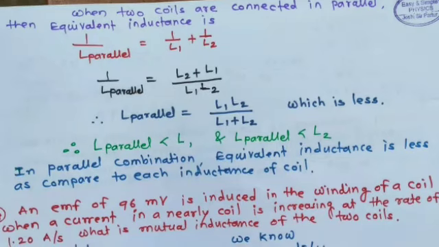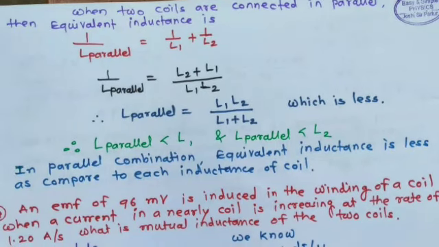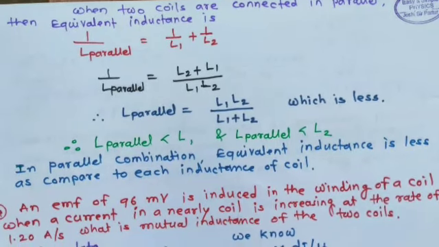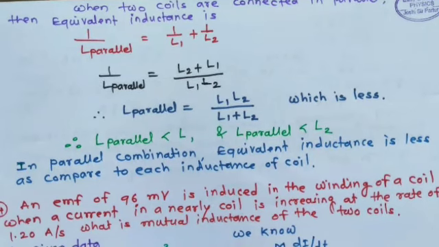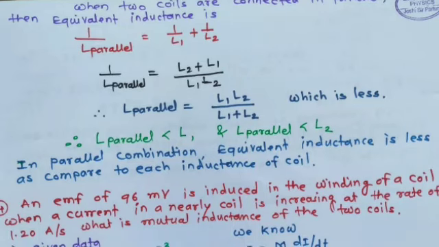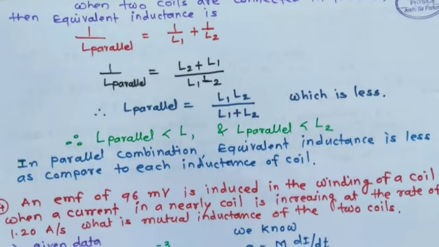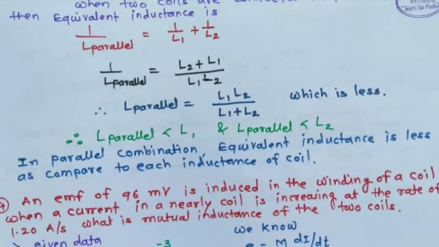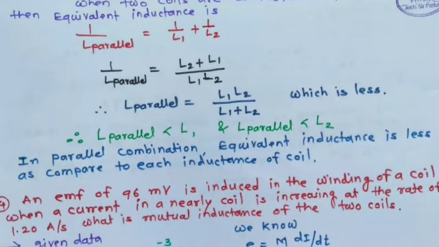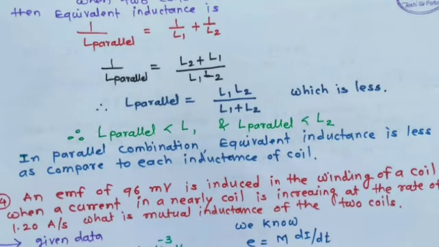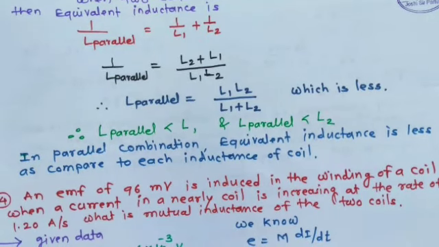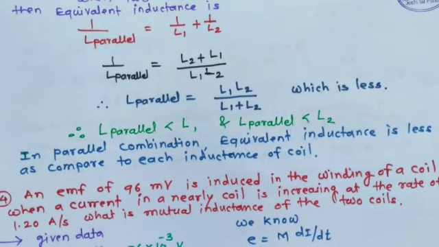When two coils are connected in parallel, the equivalent inductance is 1 upon L parallel equals 1 upon L1 plus 1 upon L2. Therefore, 1 upon L parallel equals (L2 plus L1) upon L1 L2, and therefore L parallel equals L1 L2 upon (L1 plus L2), which is less.